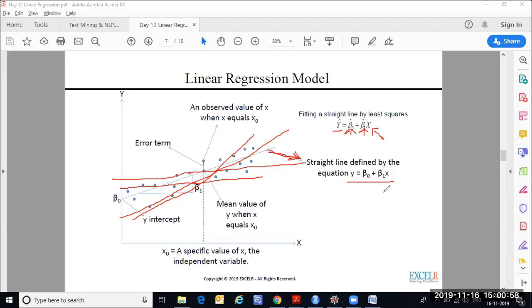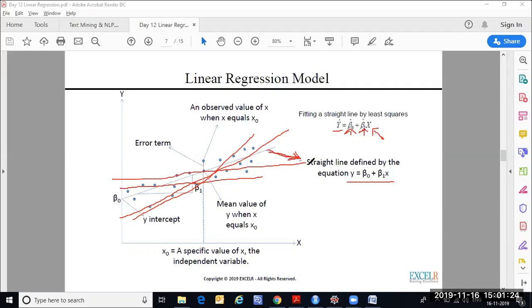Or can I frame the same statement like this? My objective of determining this y is equal to beta naught plus beta 1x is nothing but to come up with a line which has got the least error possible compared to the other lines. Can I say it like that?